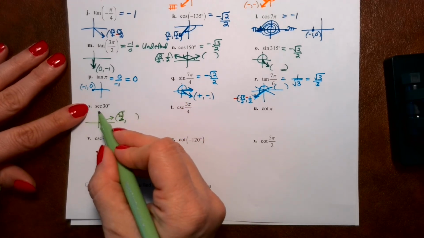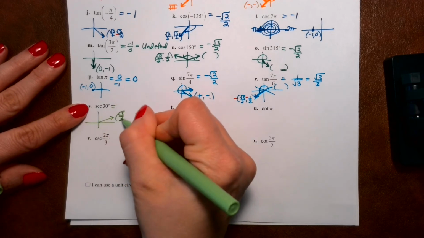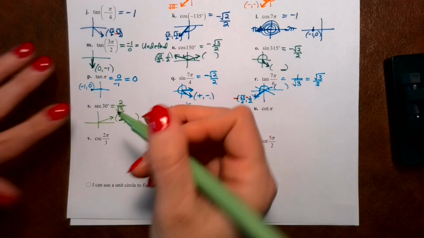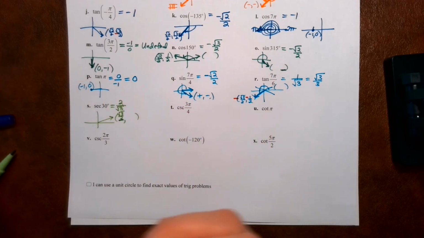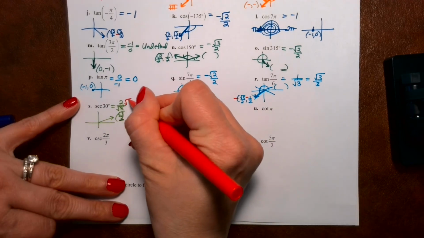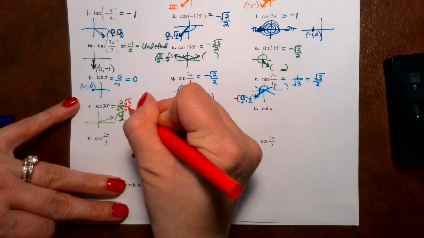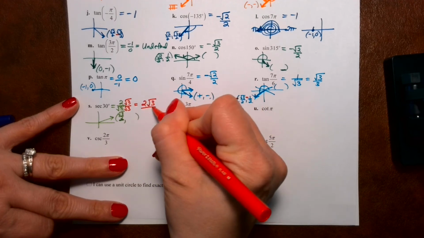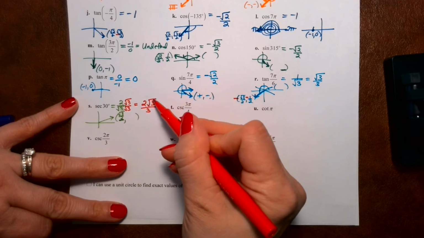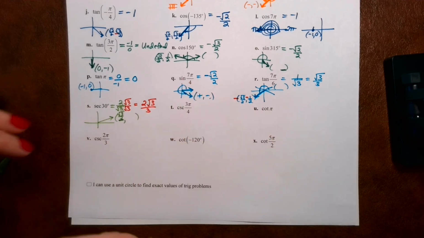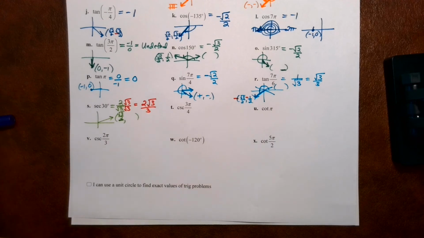But I have to do the secant, so I need to reciprocate that: 2 over radical 3. Oh, we can't leave it like that. What do we multiply top and bottom by? That's right, we multiply by radical 3 over radical 3. So our answer is 2 radical 3 over 3. Can I cancel a radical 3 with a regular 3? No, you just leave it like that.